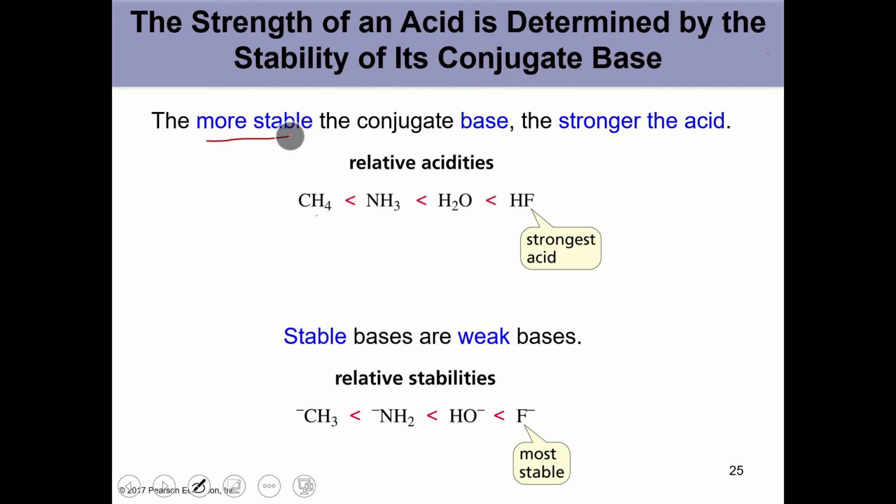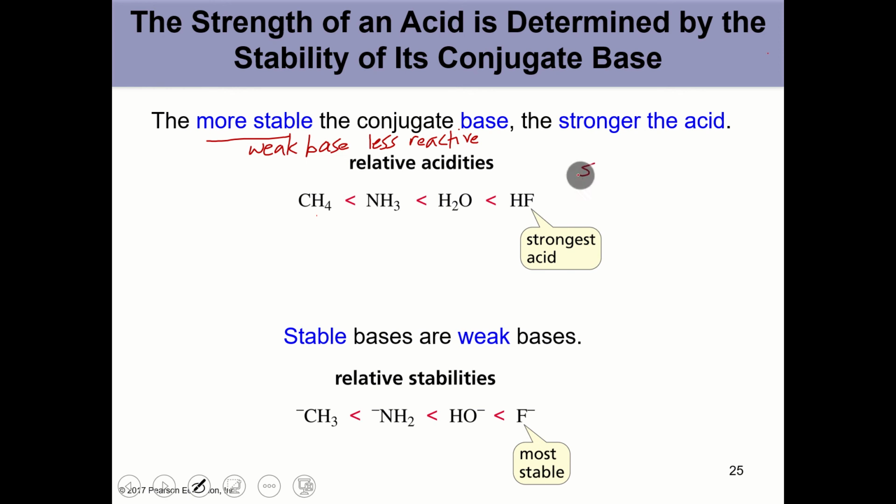So a stable base is a weak base, or non-reactive. When we say a molecule is stable, it is less reactive, which would mean that it would be less capable of donating its electrons.